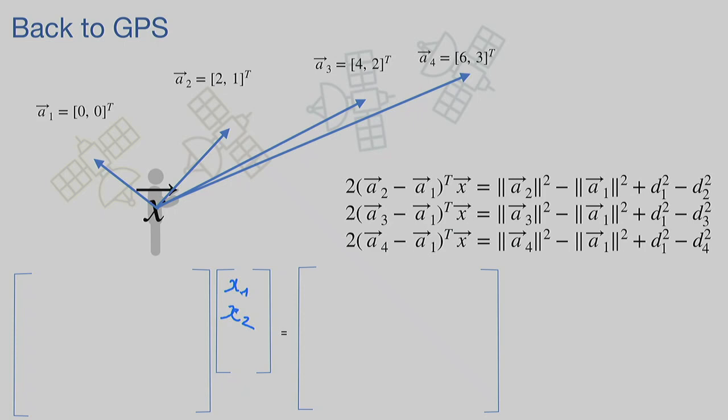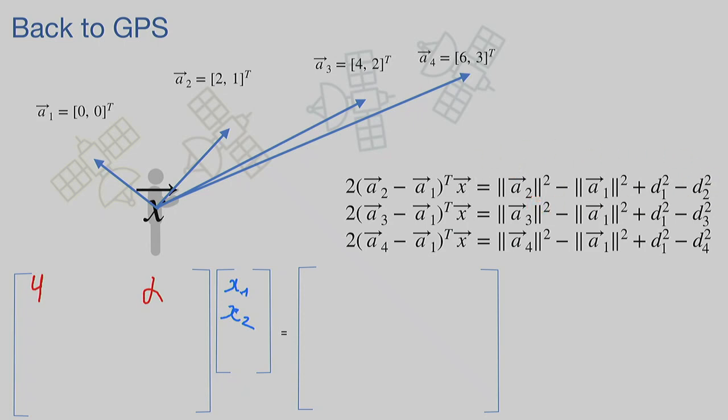Now we need to multiply A2 minus A1 with our X's. So what is A2 minus A1? It's 2 minus 0 and 1 minus 0. So it's 2 and 1, but it's times 2, so it'll be 4 and 2. Like this equals this, whatever it is.